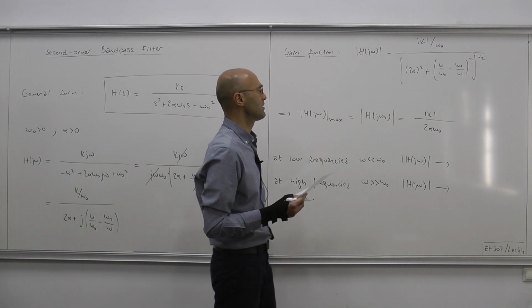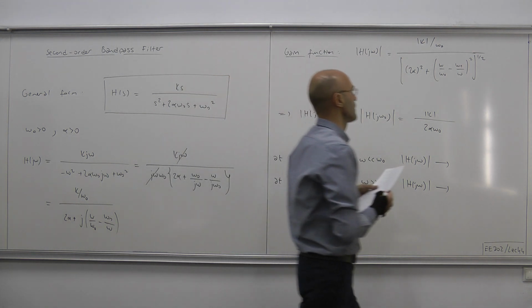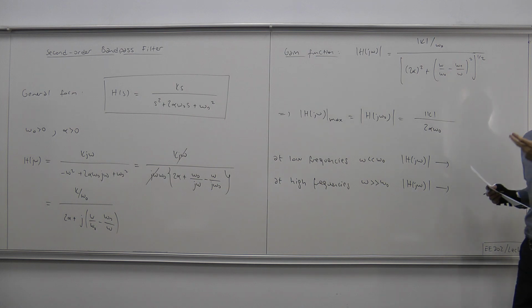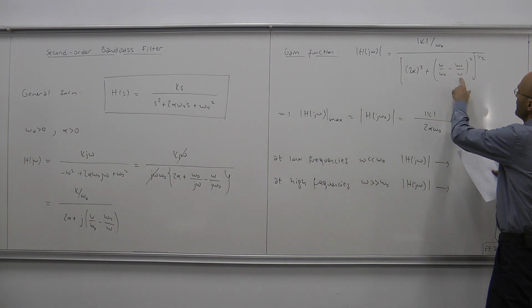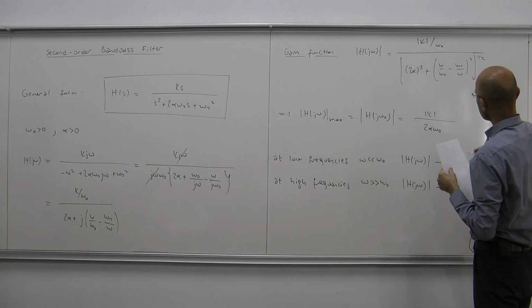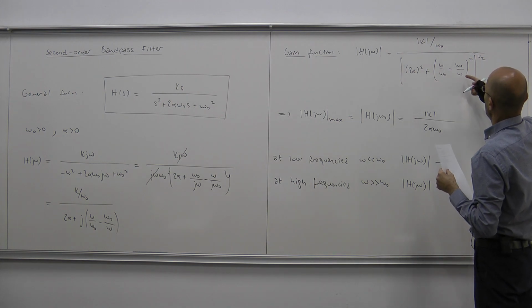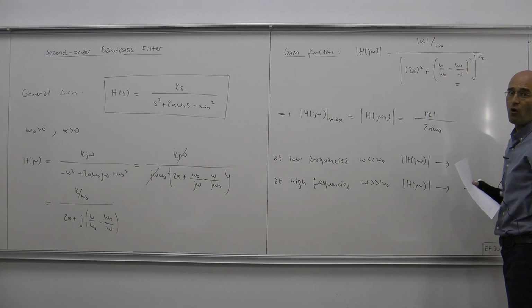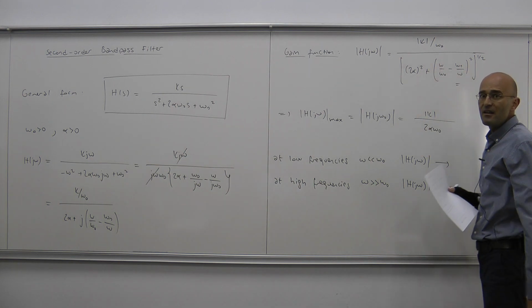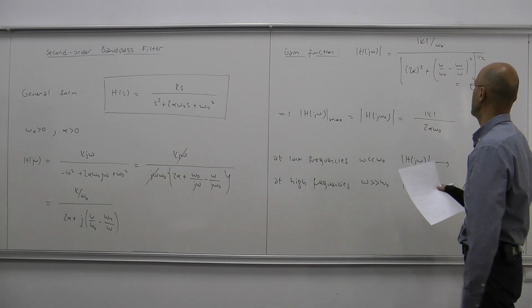If omega is significantly smaller than omega 0, or for simplicity, let's consider omega near 0. If omega is very small, then this term here, omega 0 over omega, is very large, so it will dominate the denominator.